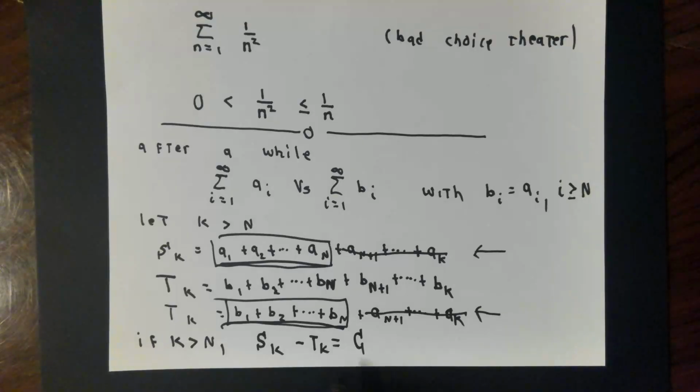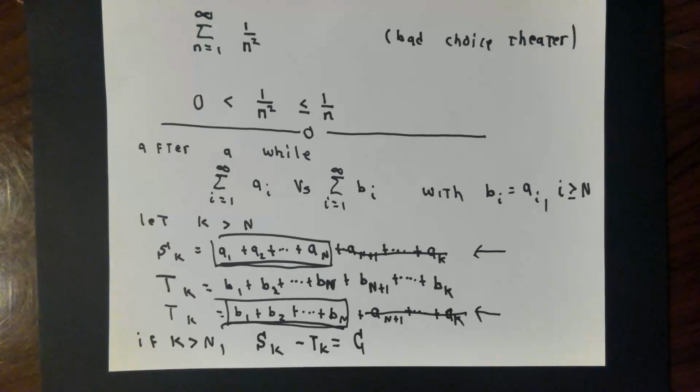You could rearrange this and say that tk is sk minus C and draw the same conclusion. So, for example, in the direct comparison test, if it was true that this required inequality wasn't really obeyed for all indexes, but was obeyed after a while, that would be just as good.